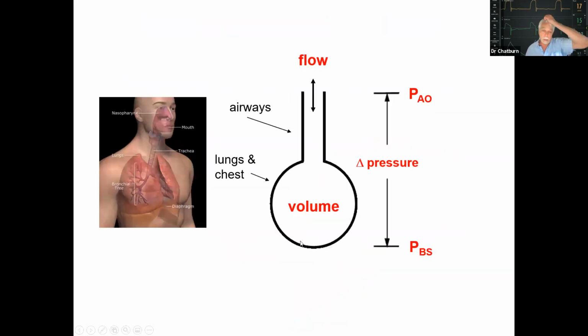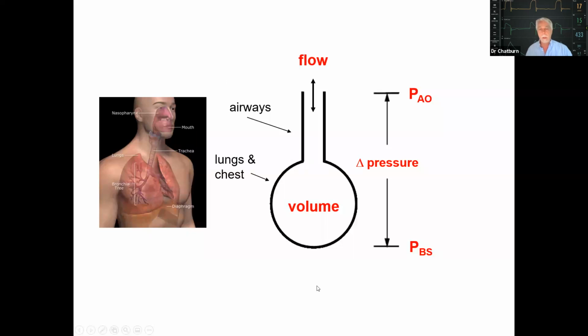Now, what does that mean? Well, it means that we have, in this case, a graphical model, which can be simulated with a physical model, like we've all heard of a straw connected to a balloon. And this is supposed to represent a very complex system of airways in the patient.